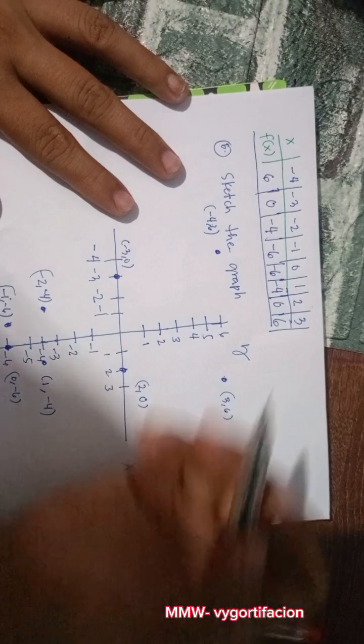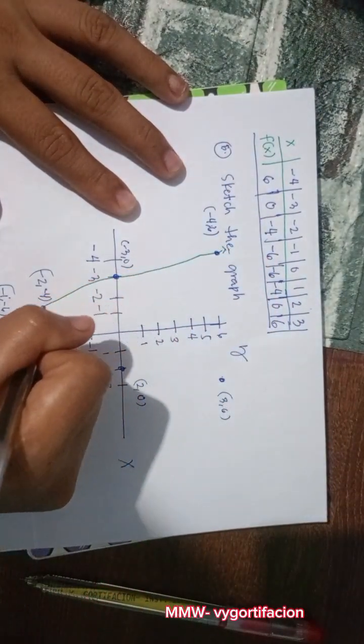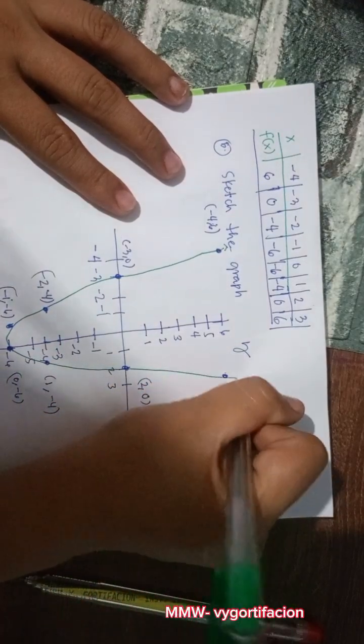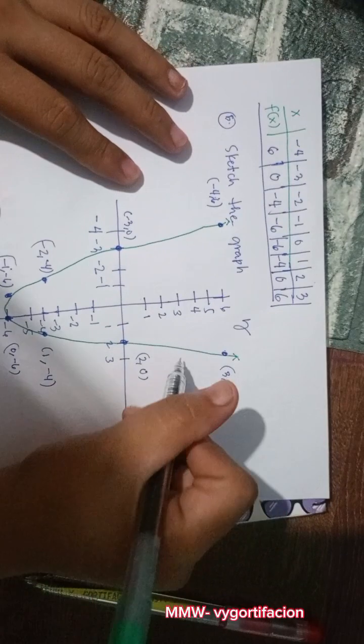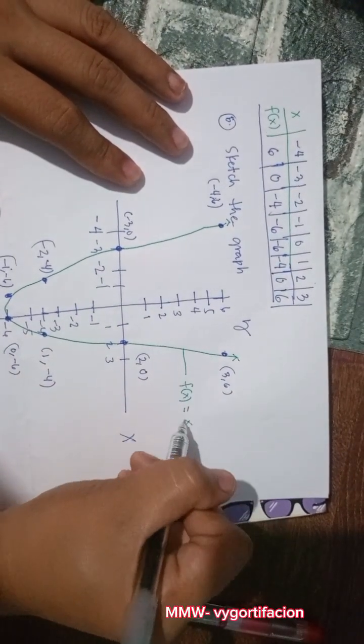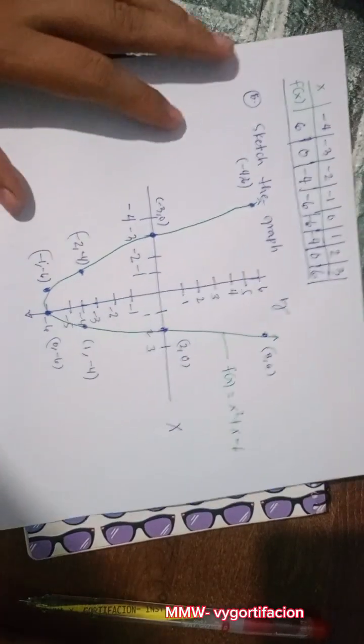So now we connect the points, starting from there. Okay. So this is the graph of f of x is equal to x squared plus x minus 6.